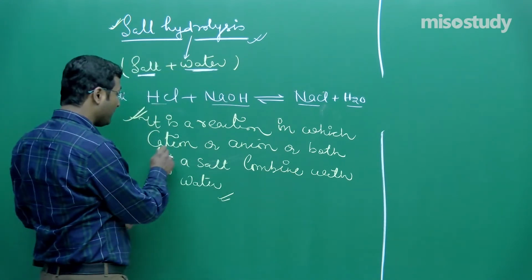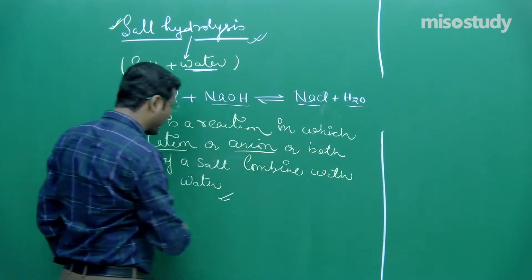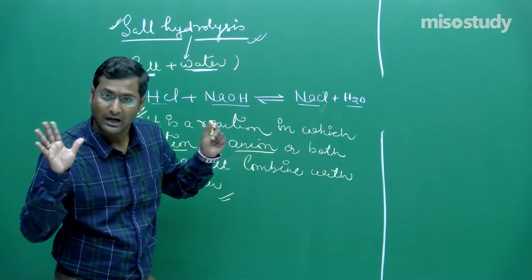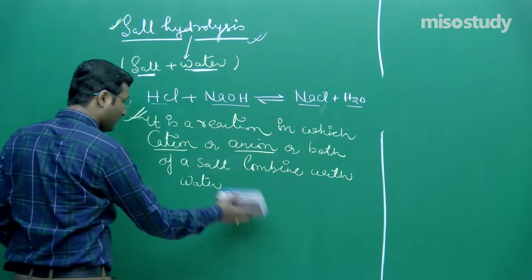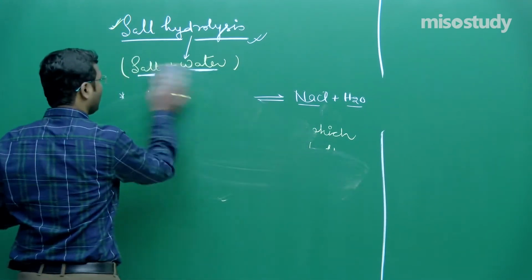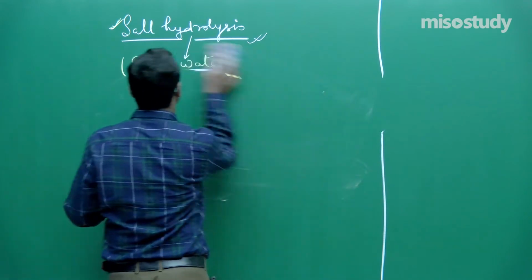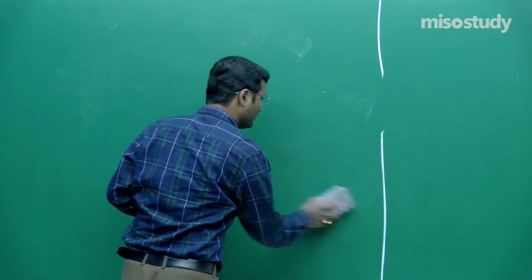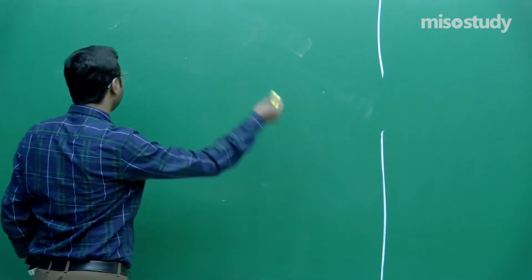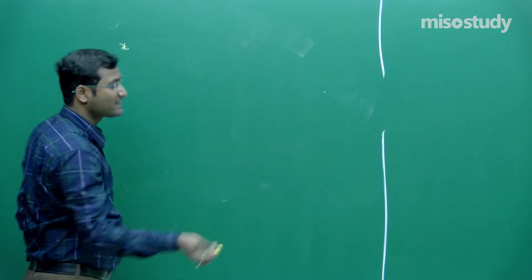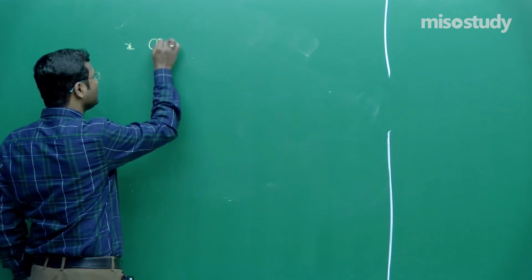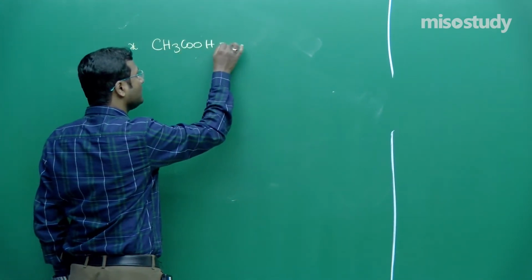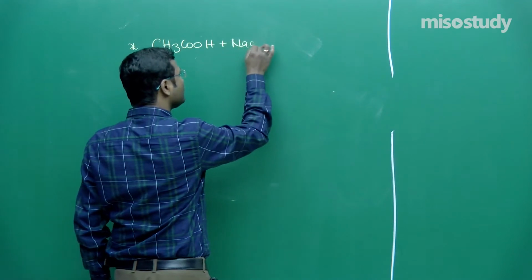Now, if I take cation, anion, or both, then what will happen? Okay friend, are you getting my point? Now, if I take another example, I write CH3COOH plus NaOH.